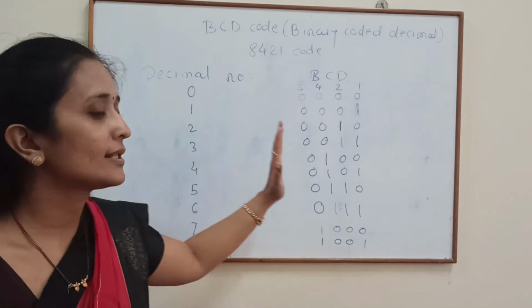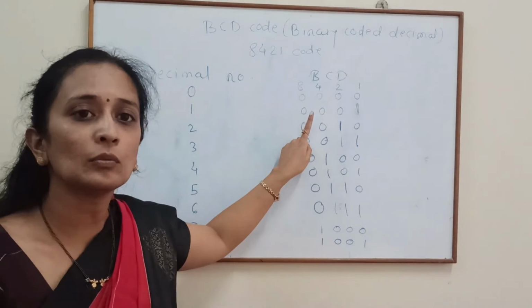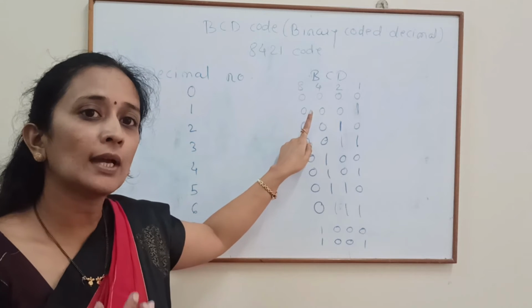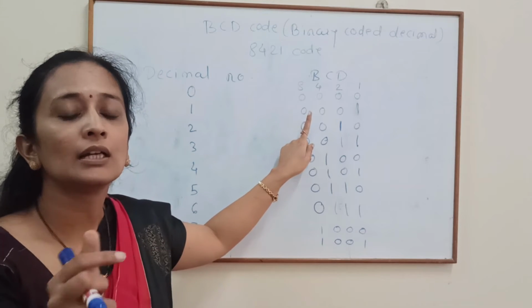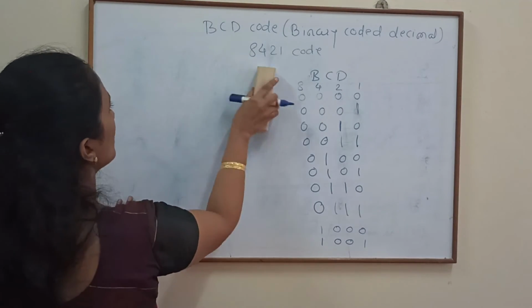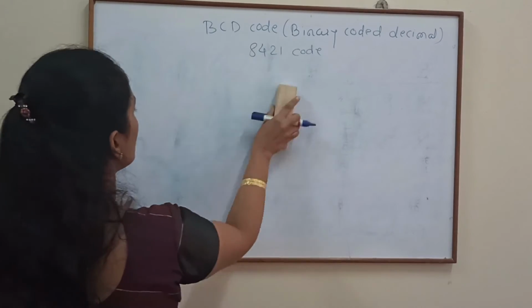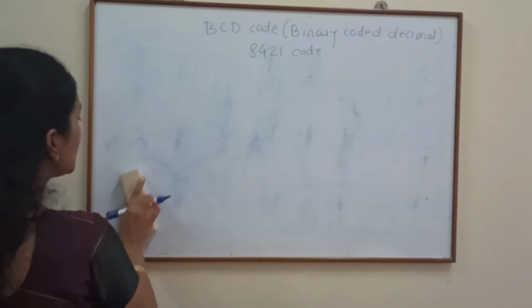And how to convert decimal to binary? By taking this number and addition of bits. Wherever you can add, place the 1, remaining will be 0. Now we will learn how to convert any decimal number into its BCD code.